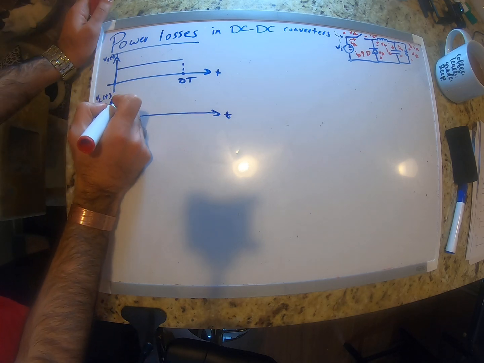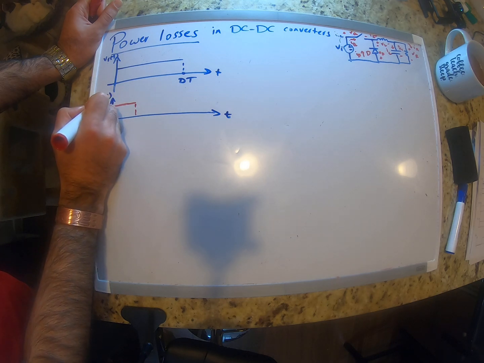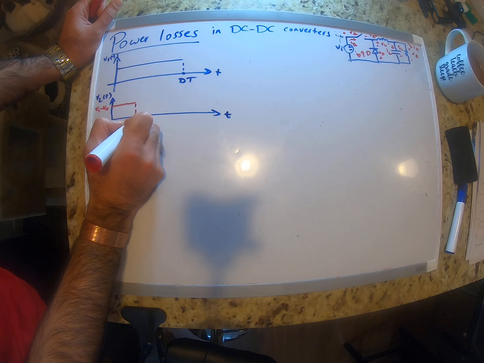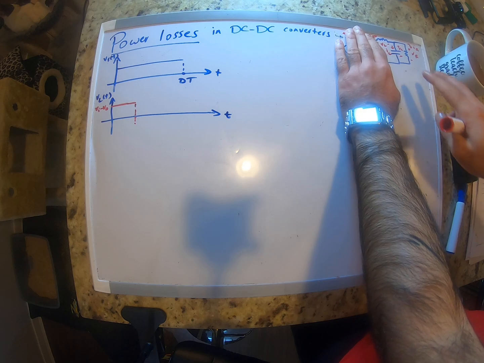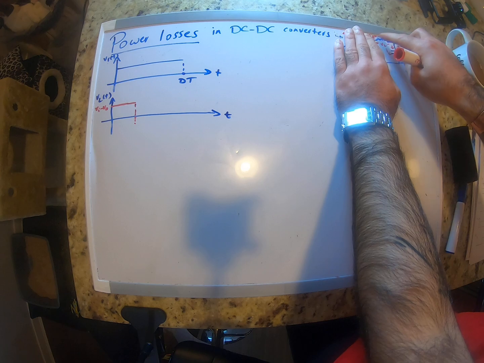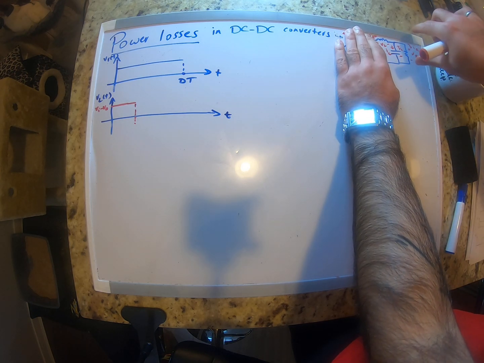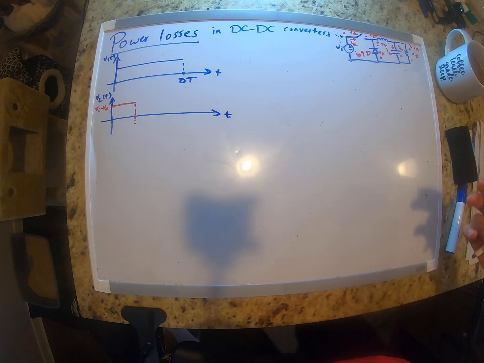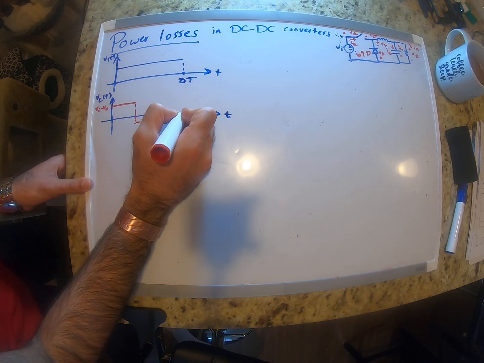So for the first dt seconds, this voltage is Vi minus Vo. And once this switch is open, you can see that the diode is going to conduct, and our inductor voltage is basically the same as our output voltage, but in the reverse polarity. VL becomes equal to negative VO. So this is what's going to happen.